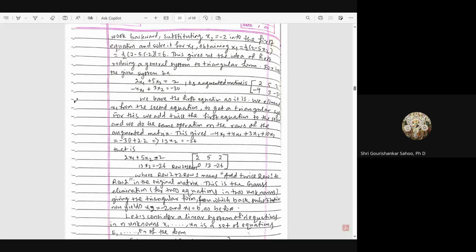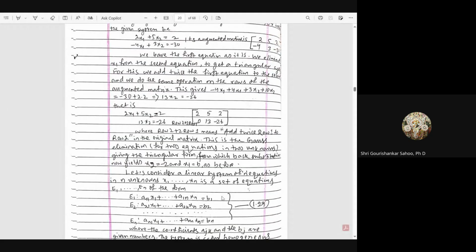And we have 2x1 + 5 times (-2) = 2, that is 2x1 - 10 = 2, so 2x1 = 12 and x1 = 12 by 2 = 6.